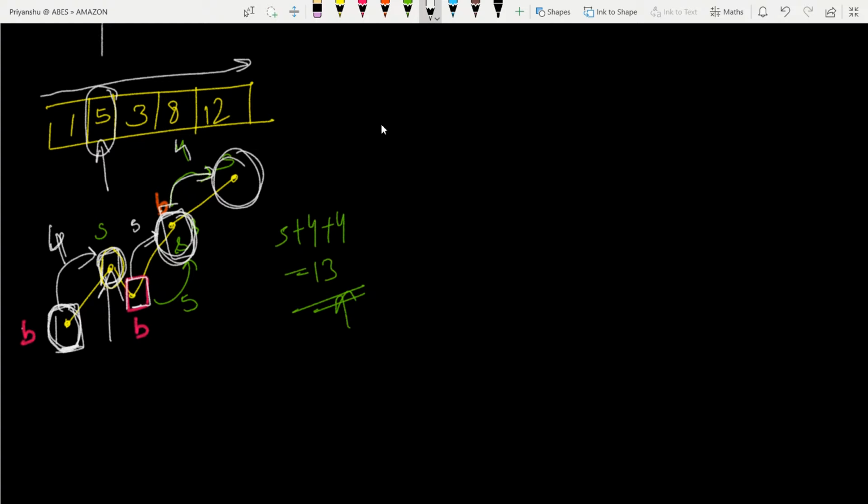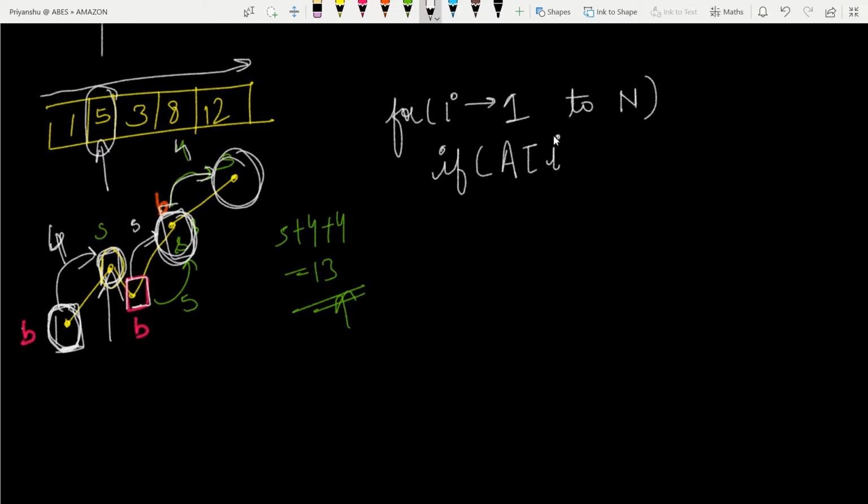Now what we'll do, we loop over this array from 1 to n in zero-based indexing, and we compare the array value at this particular index, that means we are checking for the peak.